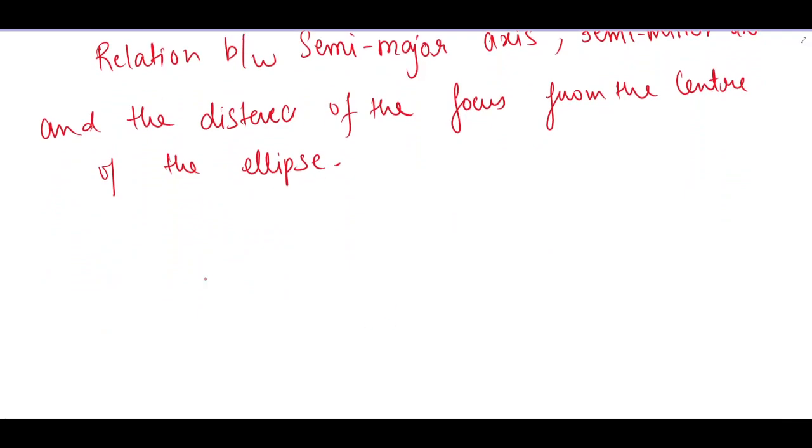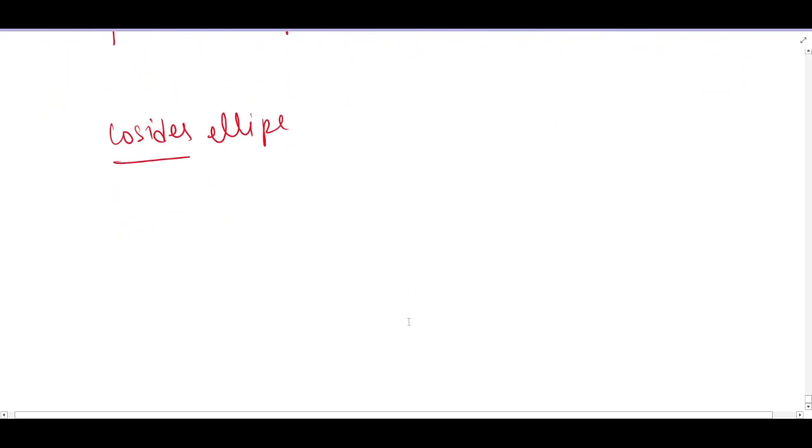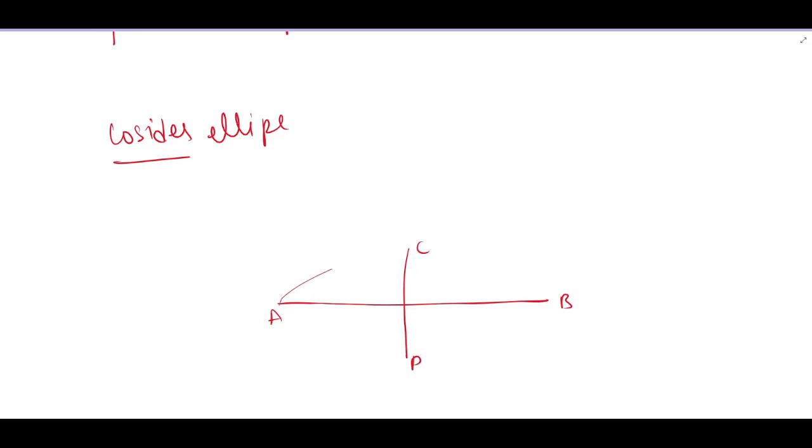So now consider an ellipse with major axis as AB and minor axis as CD. If we join the curve, we get an ellipse where the foci are F1 and F2.